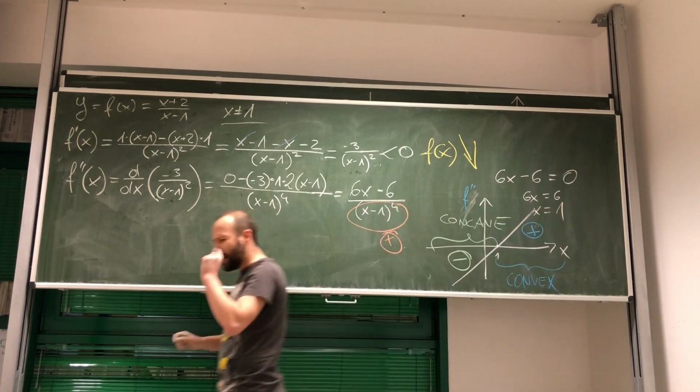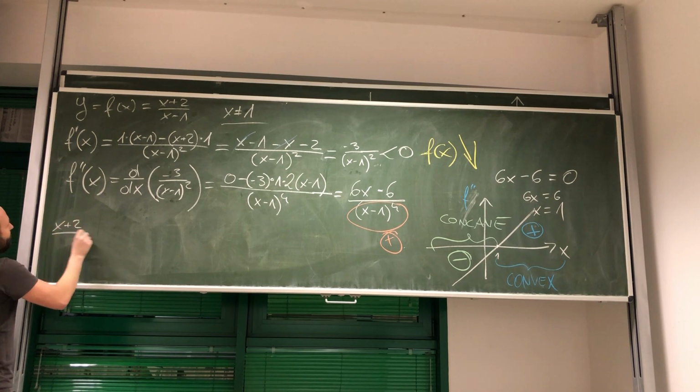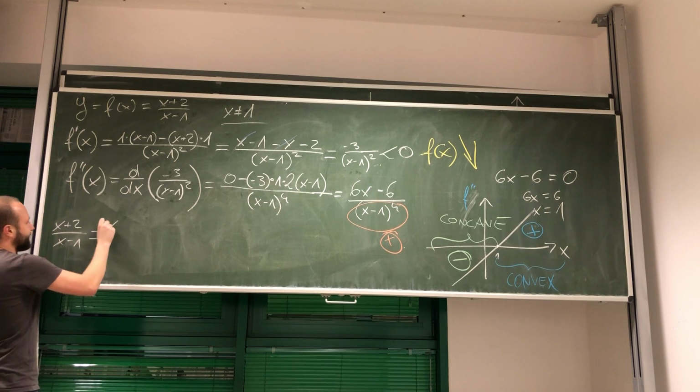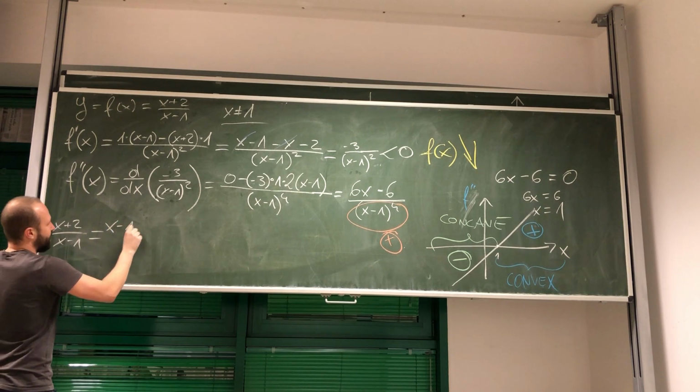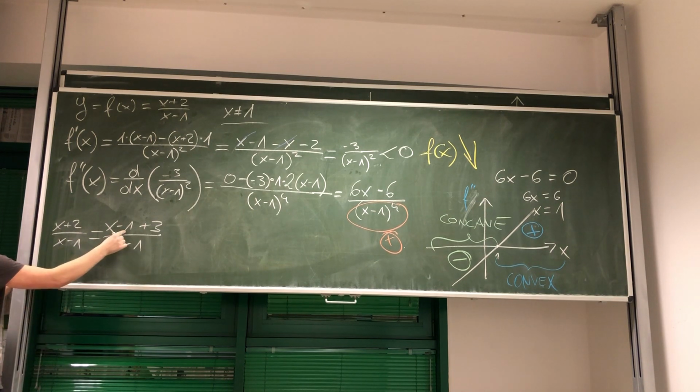Maybe one last thing could happen. Look at our function. Our function is x plus 2 over x minus 1. Look, this is the same as x minus 1 plus 3 over x minus 1, right? Minus 1 plus 3 plus 2.